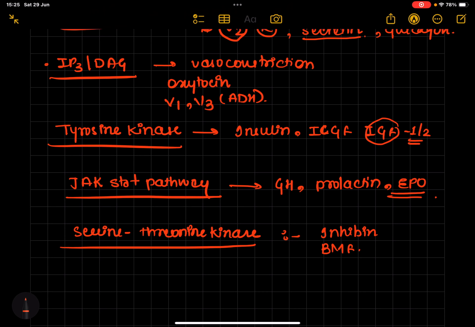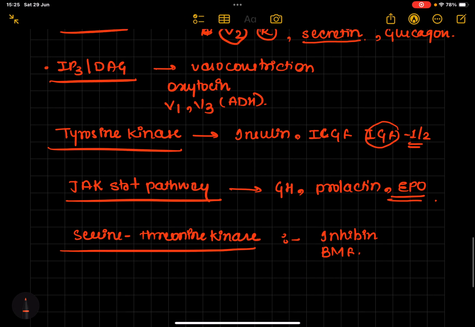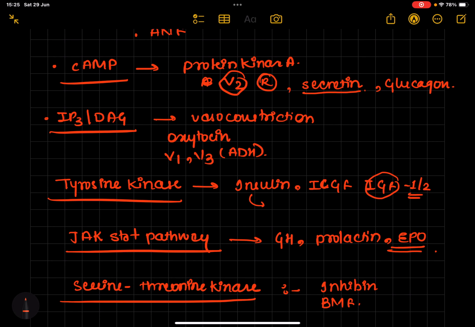This is all about hormones and their receptors, how they act. One thing about insulin is that the insulin sensitive receptor is the GLUT4 receptor. GLUT4 requires insulin for glucose uptake. And the GLUT4 transporter is present in heart, skeletal muscle, and adipose tissue.